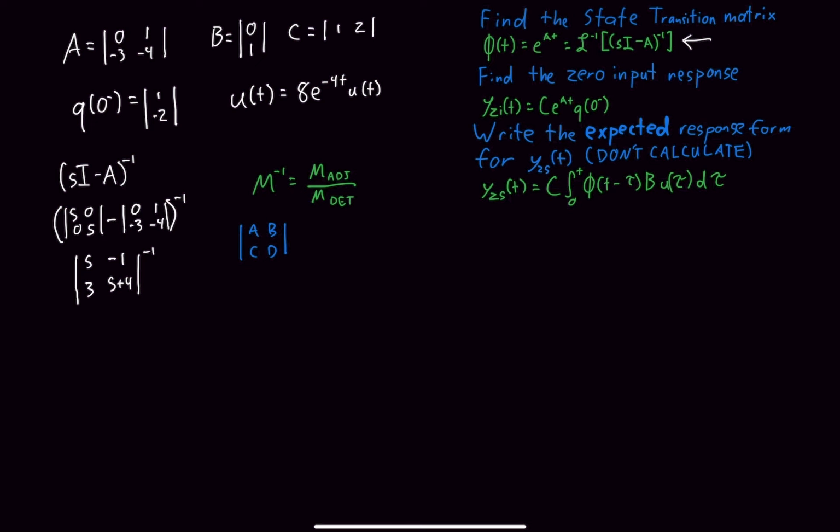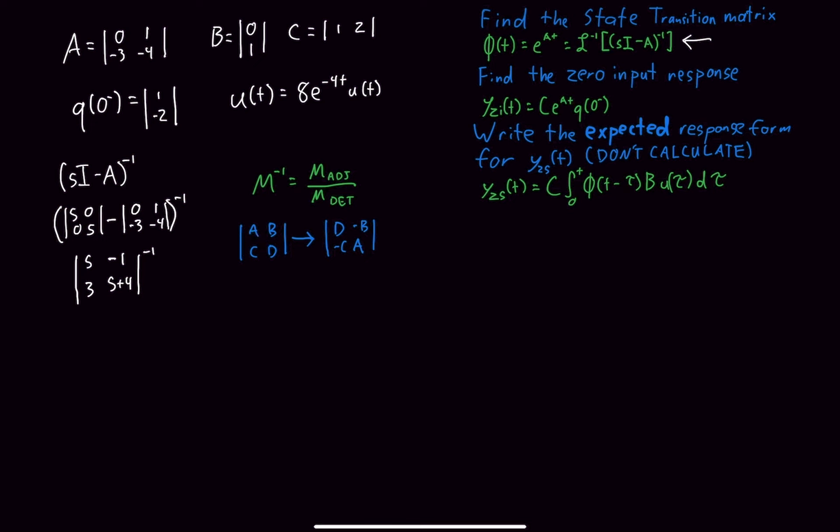But there's a shortcut for us. The adjoint of a 2x2 matrix is simply this: the two diagonal entries are flipped and the two off-diagonal entries become negative.